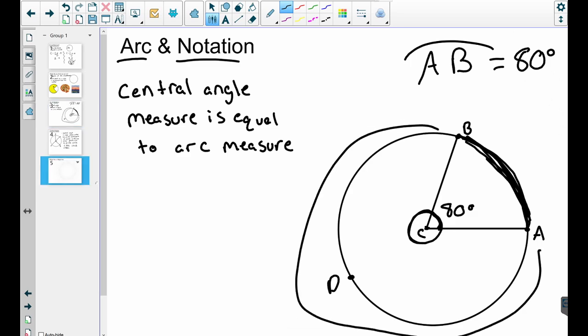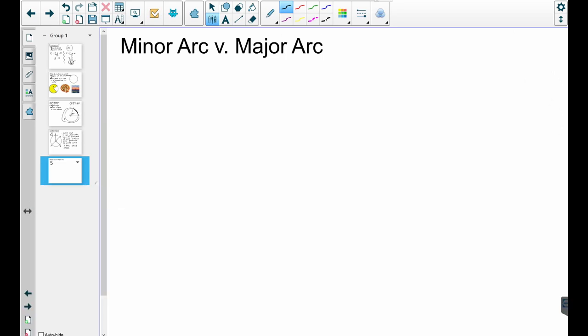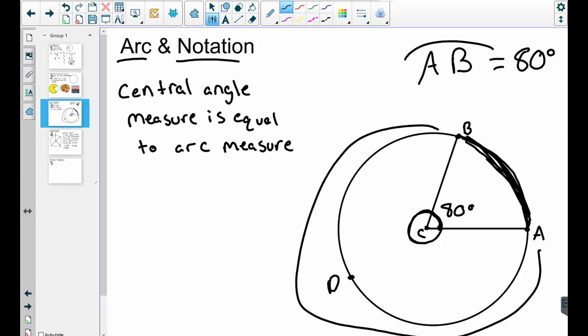And that's where we get to differentiate between the phrases minor arc versus major arc. What we were looking at here, this AB portion, is what we would call the minor arc. The minor arc lies between two sides of a central angle and is always going to be less than 180 degrees. So let's go ahead and write that.